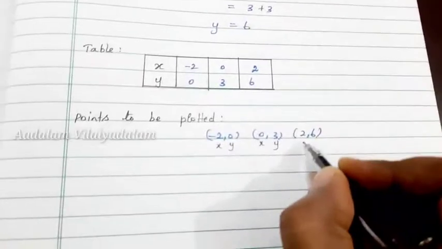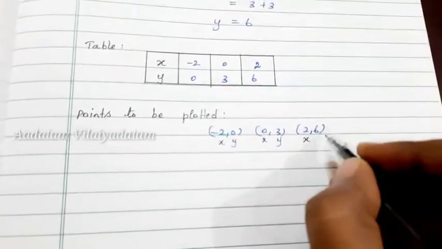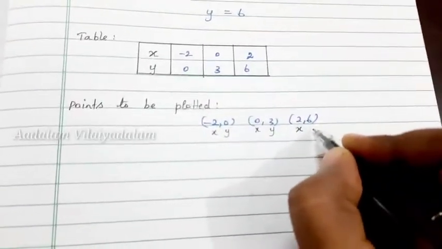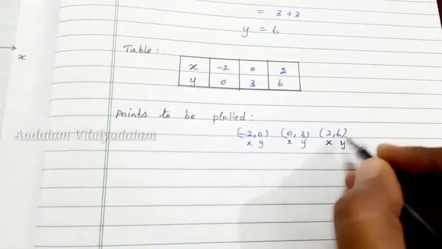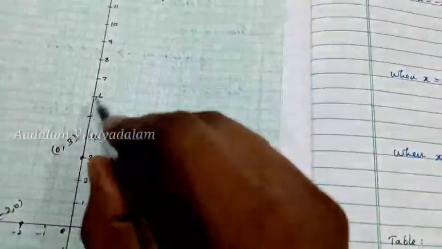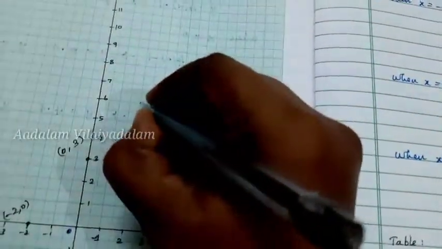The third point is (2, 6). For the 2, x-axis will be lying, the 6 will be lying on the y-axis. Then the meeting point of 2 and 6 is this point (2, 6).